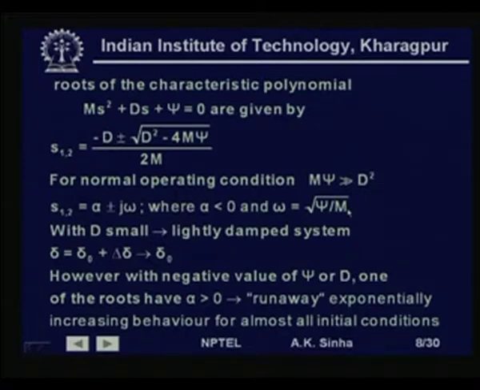So, with d small, that is for a lightly damped system, delta is equal to delta 0 plus delta delta, finally leading to the same delta 0.